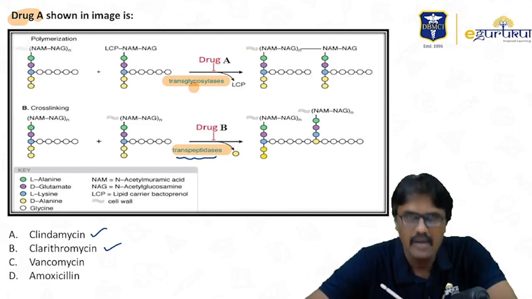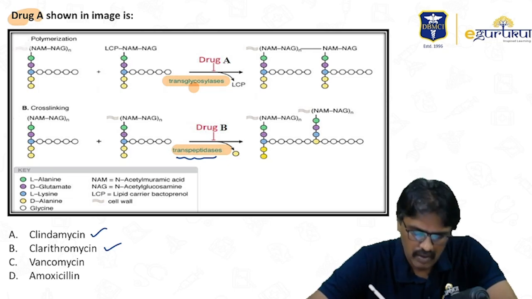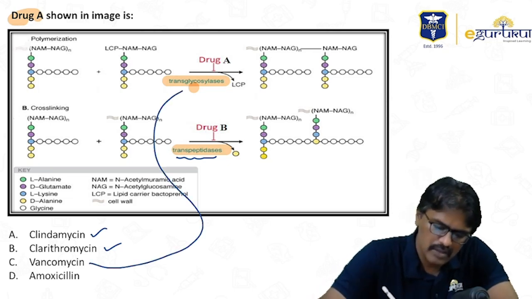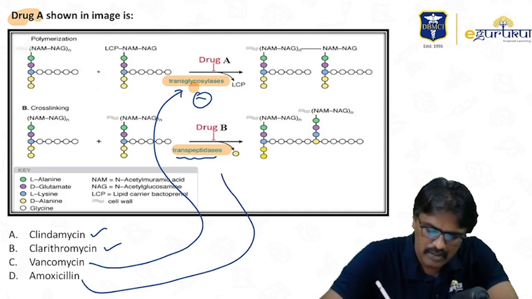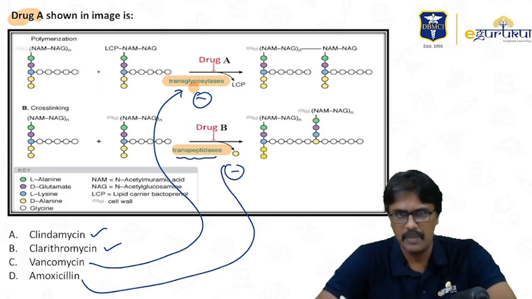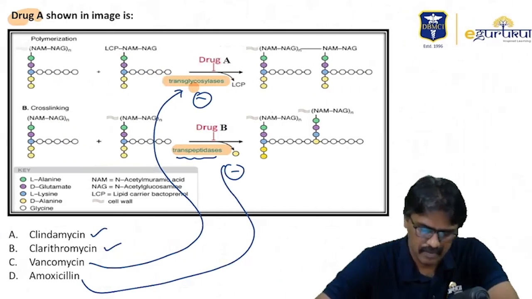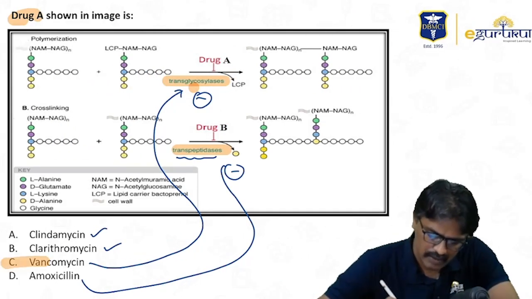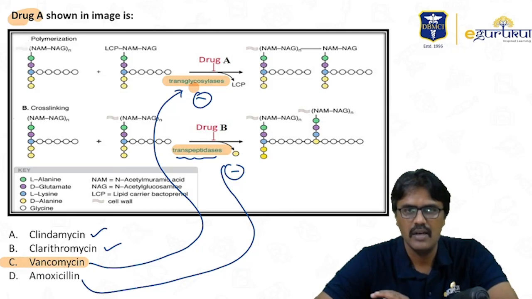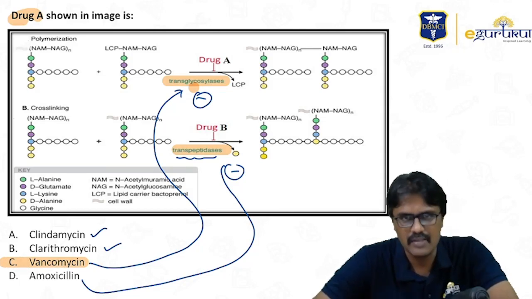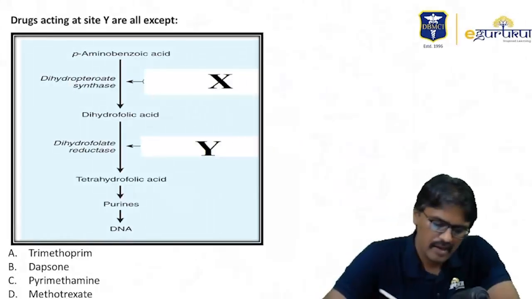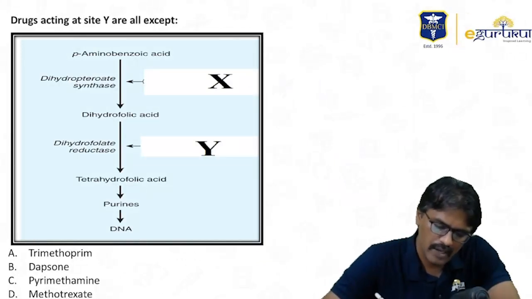Clarithromycin is a macrolide, which is also a protein synthesis inhibitor. Vancomycin is the one which inhibits transglycosylase, and amoxicillin is a beta lactam which inhibits transpeptidase, which is required for cell wall synthesis. So the answer is vancomycin, which inhibits transglycosylase.